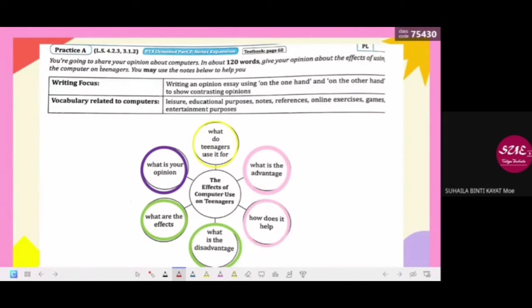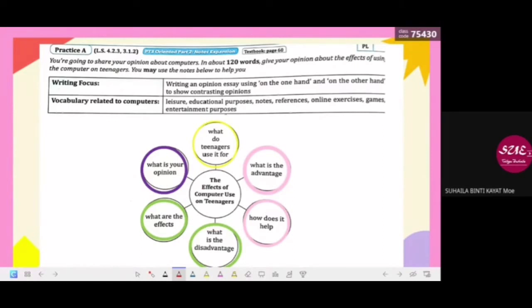You are going to share your opinion about computers. In about 120 words, give your opinion about the effects, kesan of using the computer on teenagers, on you. What are the effects? You may use the notes below to help you. Okay, these are the notes. Notes ni pun you have to find yourself, right?